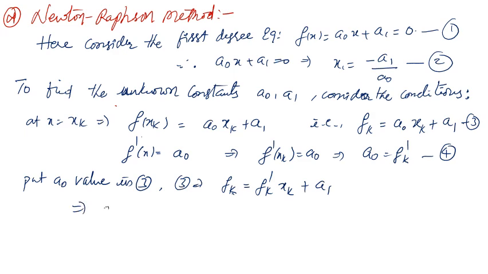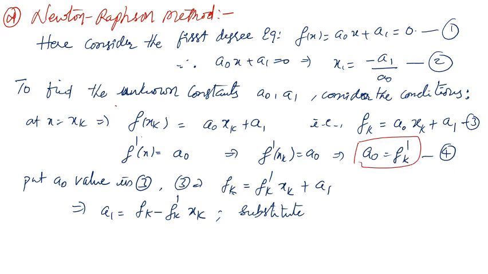This implies a1 becomes fk minus fk dash into xk. Then substitute a naught value and a1 value. Substitute a naught and a1 in 2.